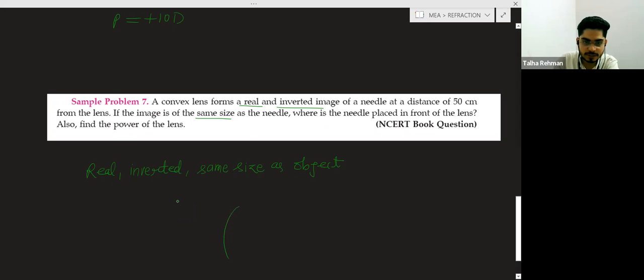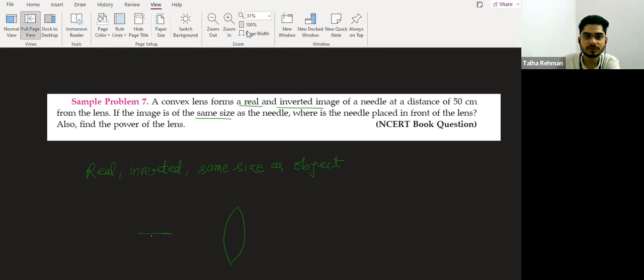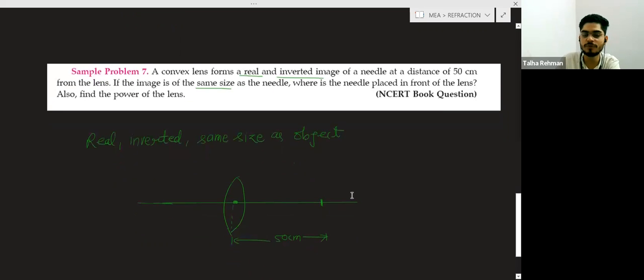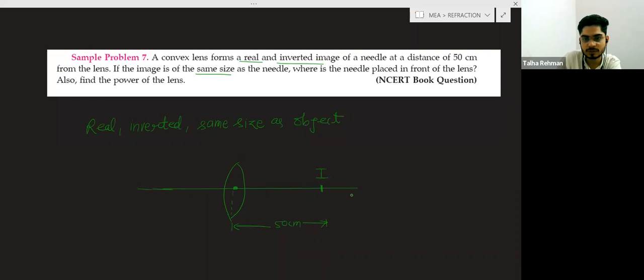Suppose this is your convex lens, this is your principal axis, and this is the optical center, and your image is here, at a distance of 50 centimeter. This is your image. This is given in the question.